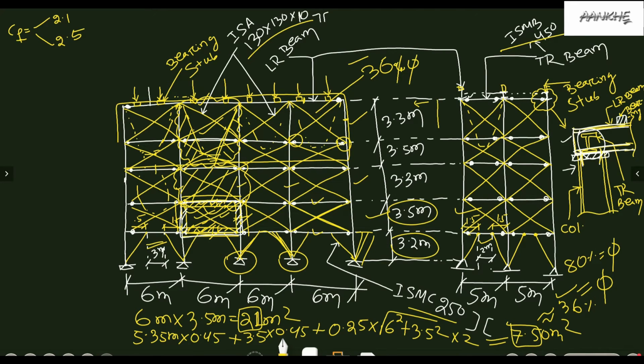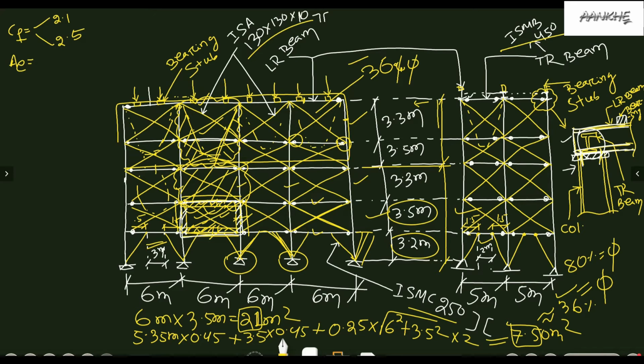For 2.1 we need to consider the height from here, that means the top two heights will be applied as 2.1 CF and the bottom three heights will be applied as 2.5.